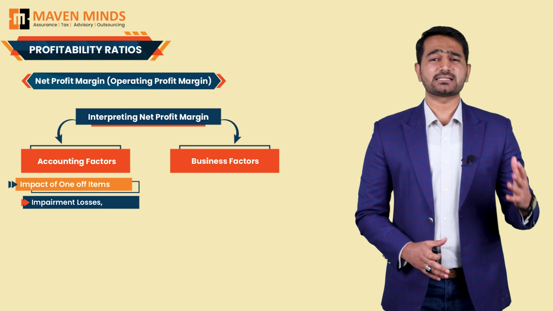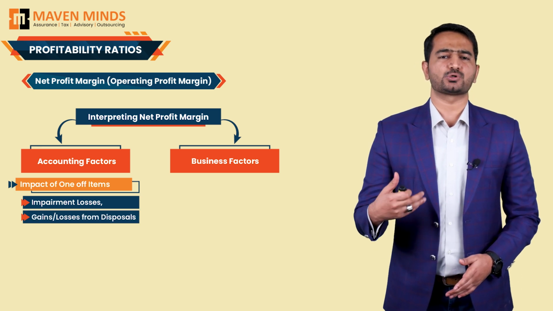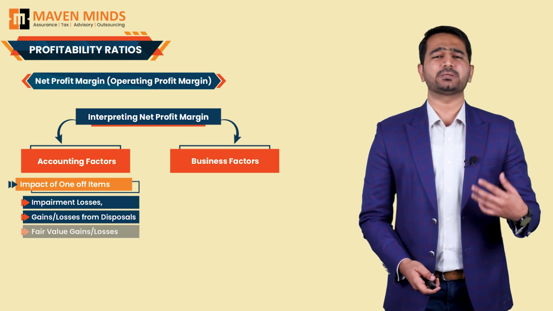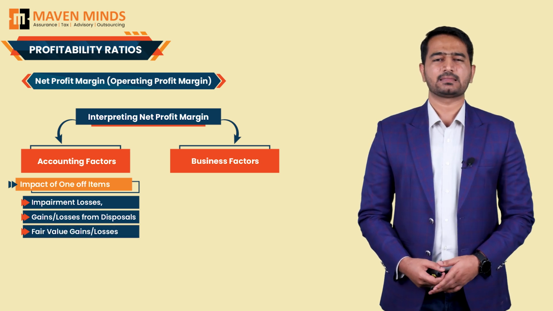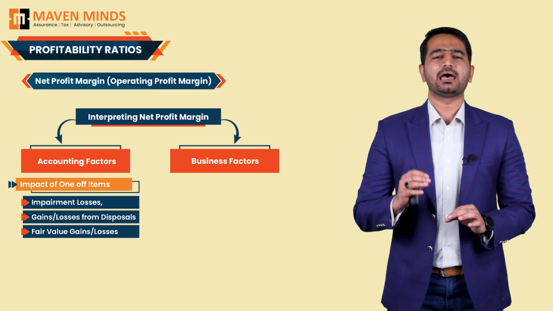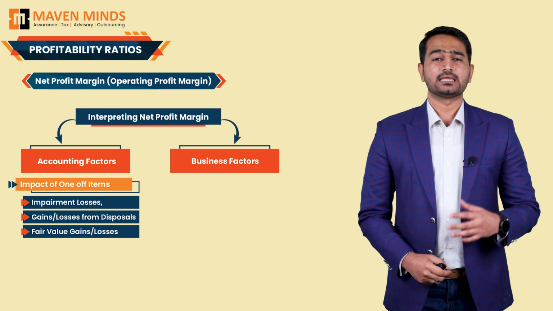Also, besides impairment, other significant gains or losses from disposal of assets or fair value gains and losses should also be considered for exclusion. This approach allows for a more accurate comparison and understanding of the company's operational efficiency.